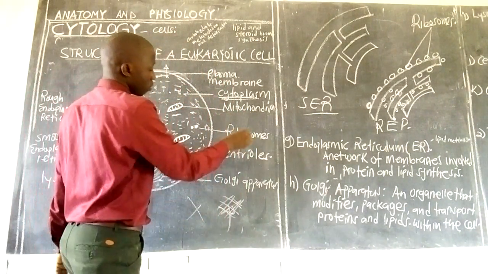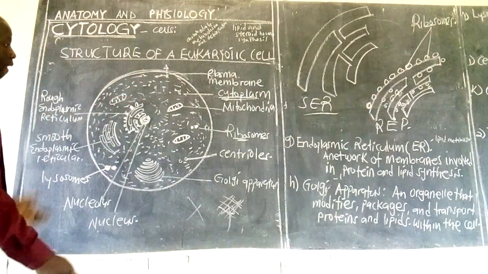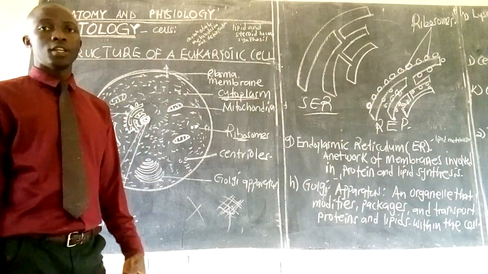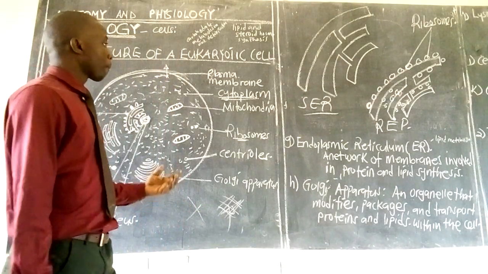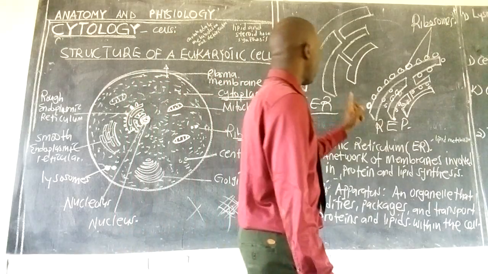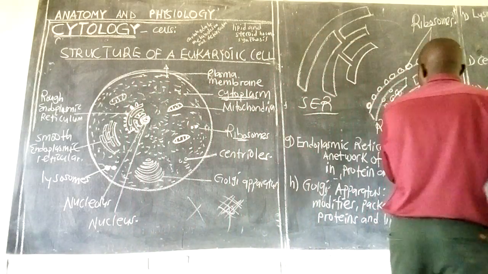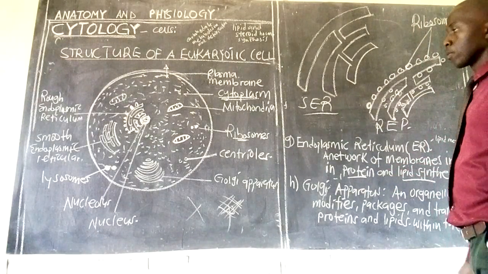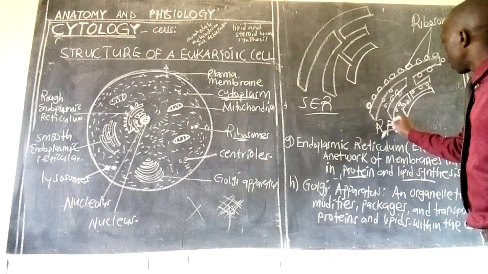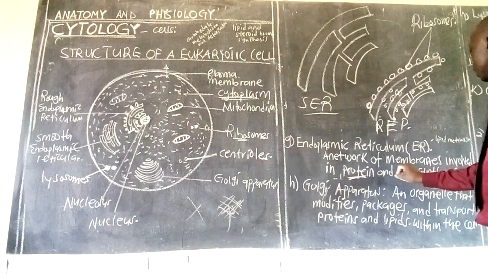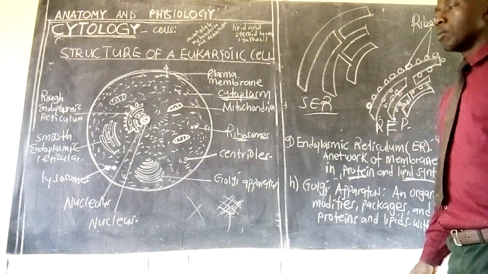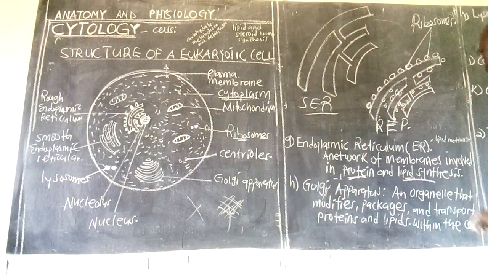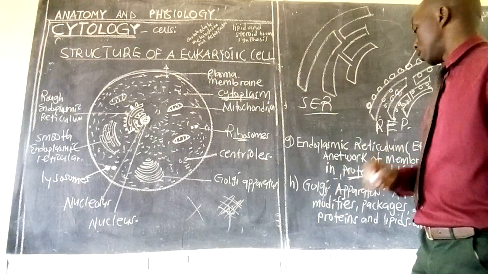And the main function of ribosomes is protein synthesis. So these ribosomes on the rough endoplasmic reticulum help in protein and lipid synthesis, meaning the proteins can be synthesized and can also be stored.